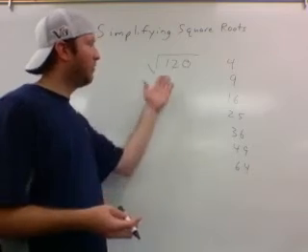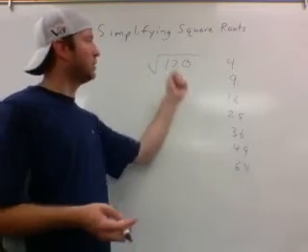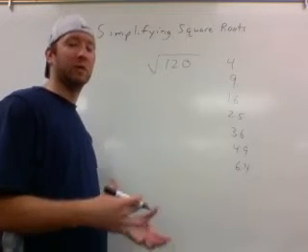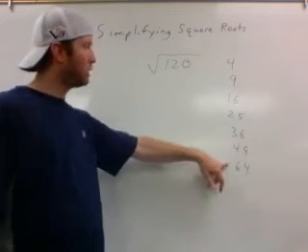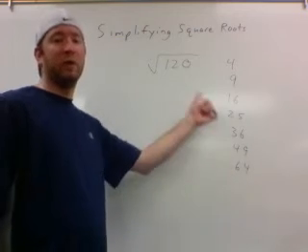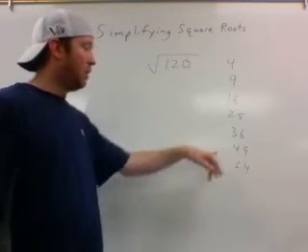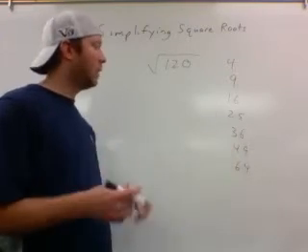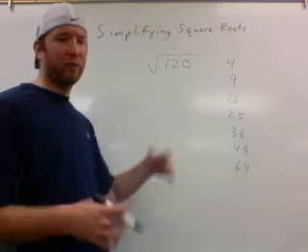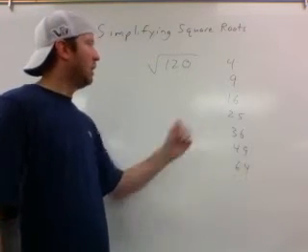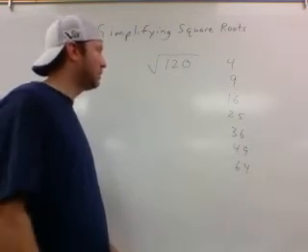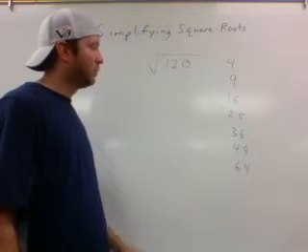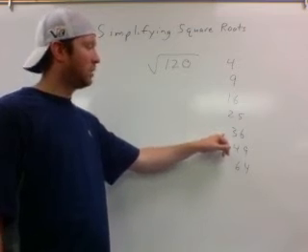So what I want to do is try to see if any of these numbers divide evenly into 120. And I want to try to find the biggest one I can, so it saves me some time. Well, 64 is more than double; if I double it, it's more than 120, so that one's out. 49 times 2 is 98, so not quite, and another 49 would be too big. 36, maybe? 30 times 4 is 120, so 36 times 4 is too big.